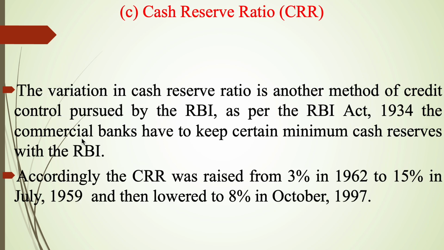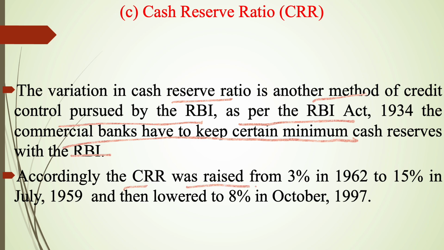The third measure is cash reserve ratio. It is also known as CRR. The variation in the cash reserve ratio is another method of credit control pursued by the RBI. As per the RBI Act 1934, the commercial banks have to keep certain minimum cash reserves with the RBI.